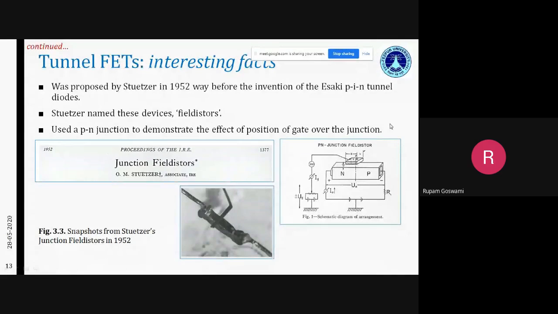Okay, so we can see that just like MOSFETs, the concept of TFETs actually evolved way before even the invention of MOSFETs in the 1960s. So this is quite interesting, considering the fact that we are doing rigorous research on tunnel FETs towards the 2000s, after the 2000, and continuing up to now, right?